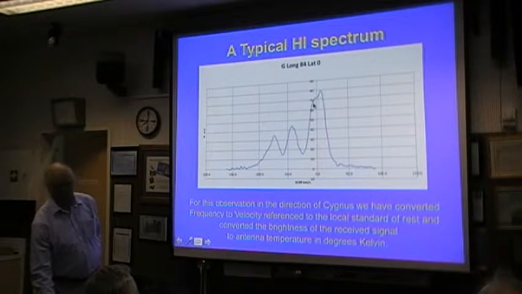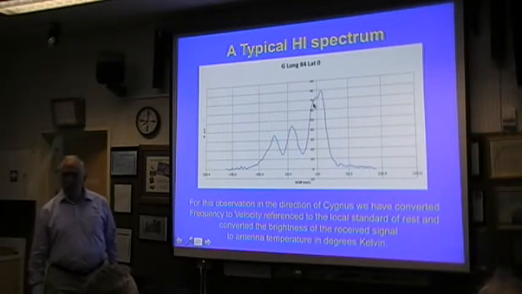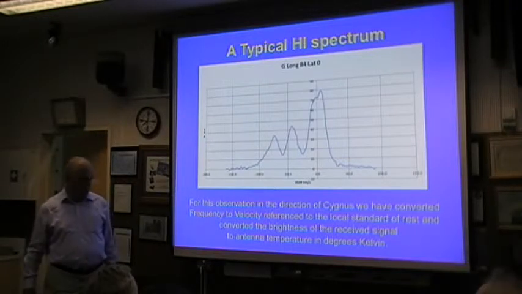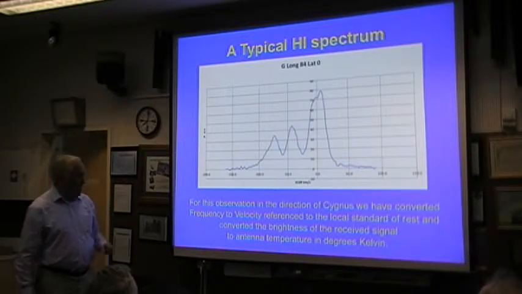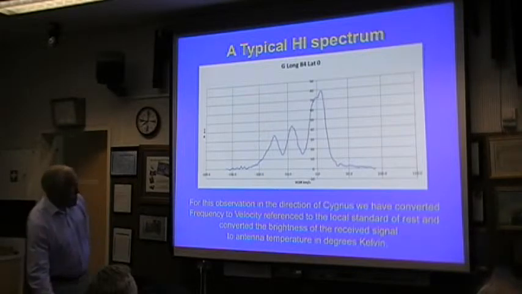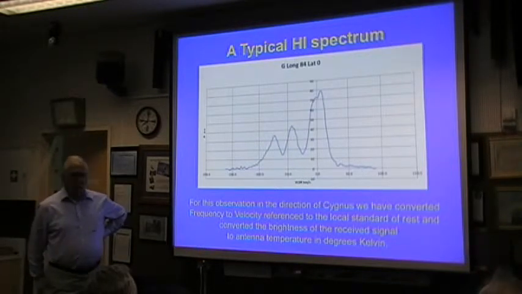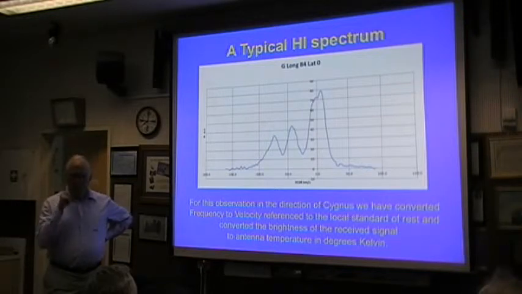A dirty great big one at 0, and that's the hydrogen around us, the local hydrogen, out to about 5,000 light years. And in this direction, the other peaks are associated with other arms of the galaxy. So this data represents 1 pixel.